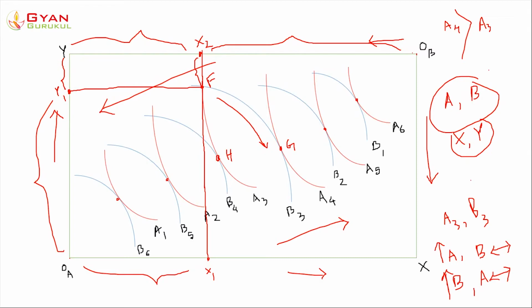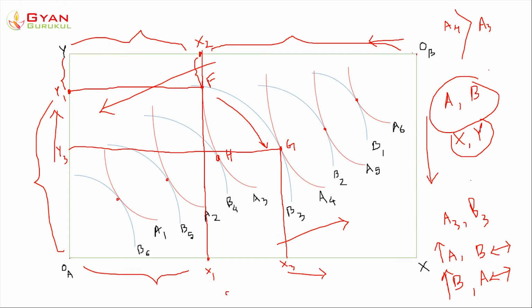Now see, let's think that from F it moved to point Z. How much are both consumers consuming? See, at this point, let's say this point is X3 and this point is Y3. Now by moving from this point to this point, how much of commodity X is consumer A consuming?